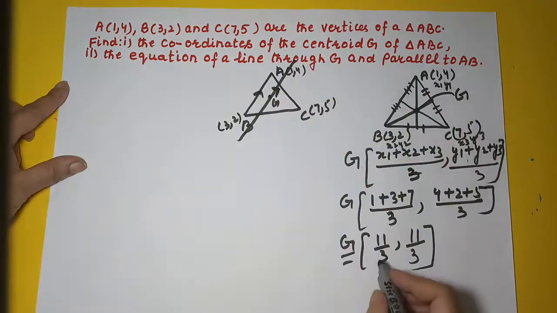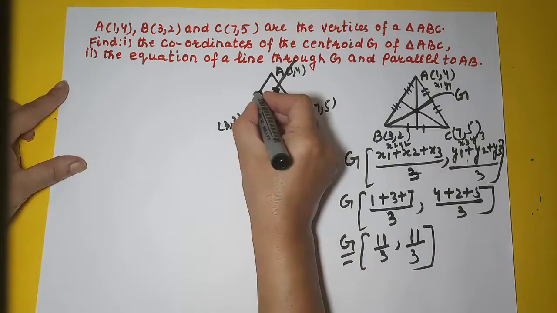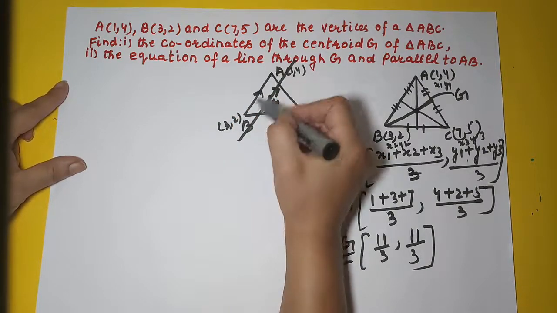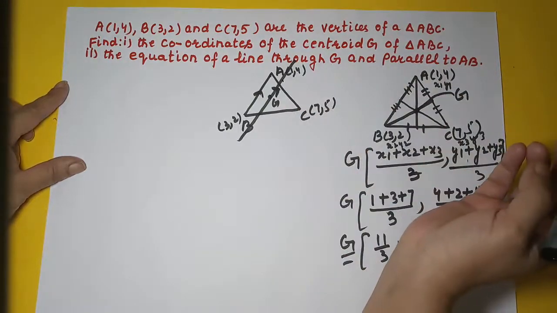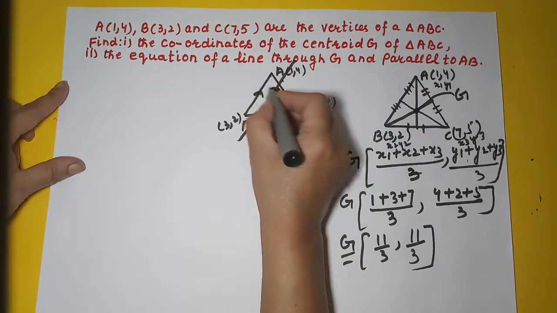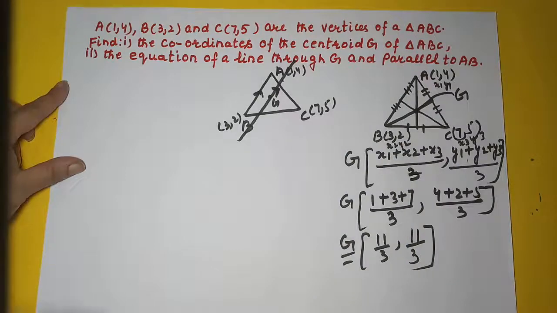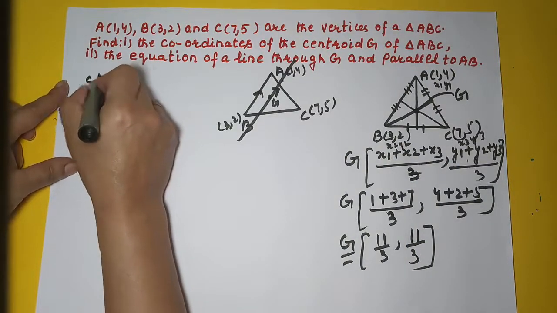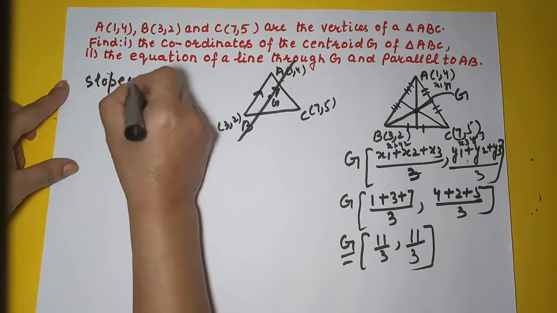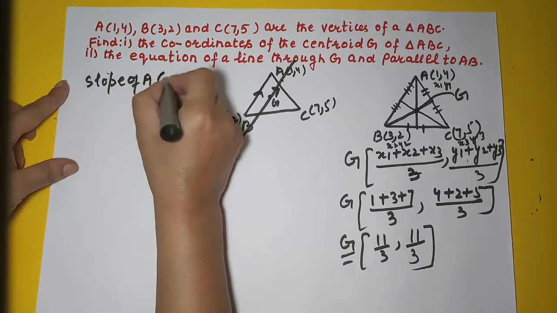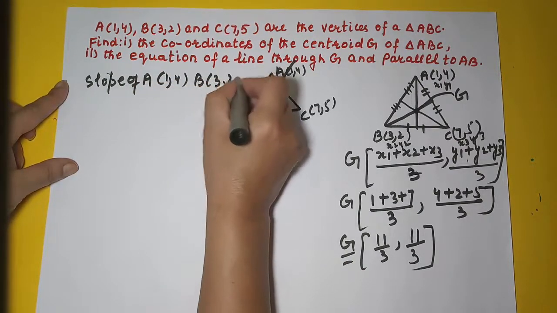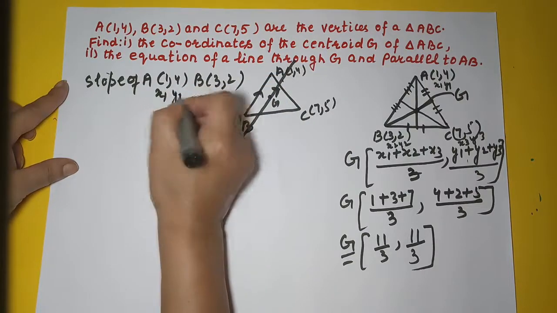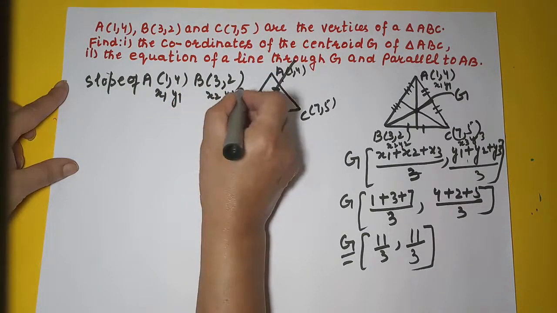We need a point, which we already have. We need a slope also. Now, we can calculate the slope of AB and that will be the slope of this required line. Why? Because when lines are parallel, their slopes are equal. So, let's find the slope of AB. A has coordinates (1, 4), this becomes my x1 y1, and B has coordinates (3, 2), this becomes my x2 y2.